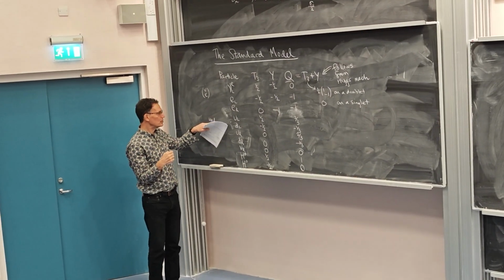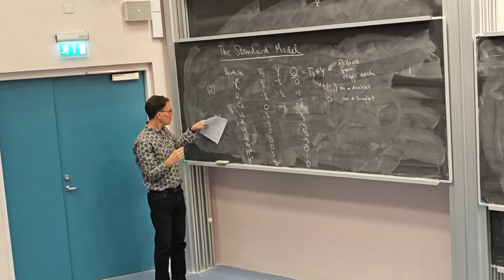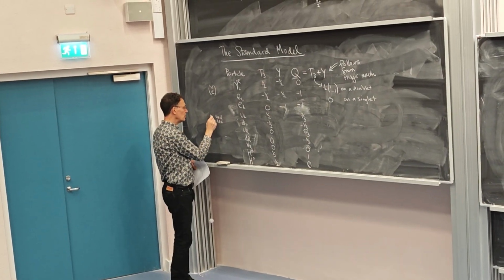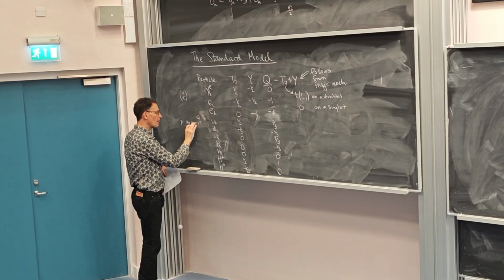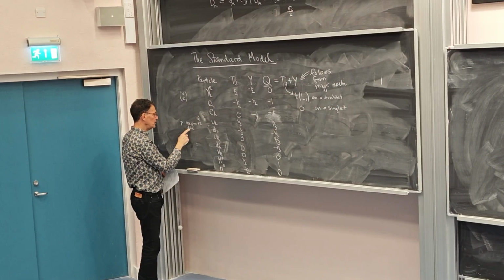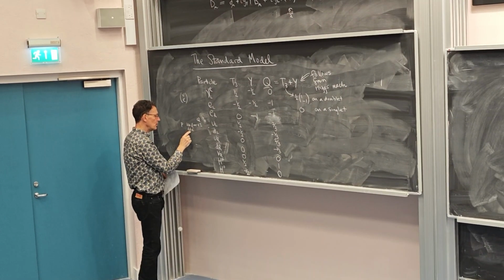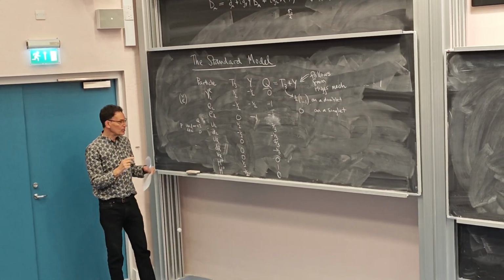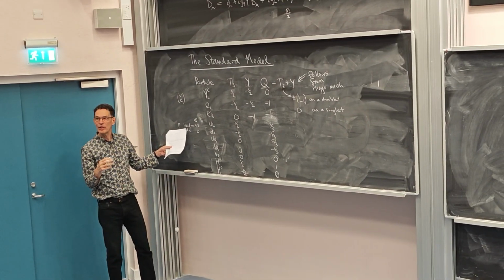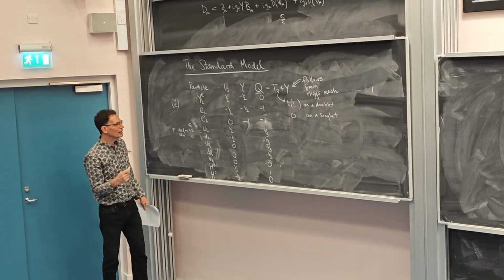The down quark has charge minus a third. So this is a proton, which is plus, so Q is plus 1. Down, down, up is minus a third, minus a third, plus 2/3, so charge is 0. Okay, so it's reasonably easy to remember what the charges are of the up and the down quark.